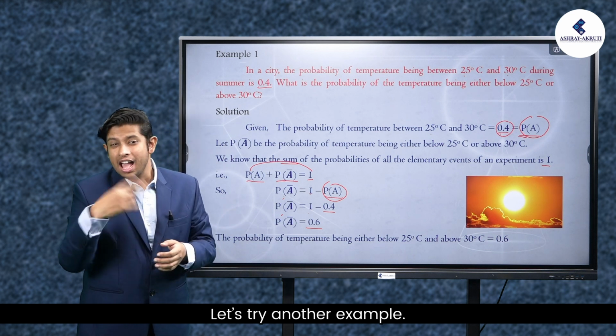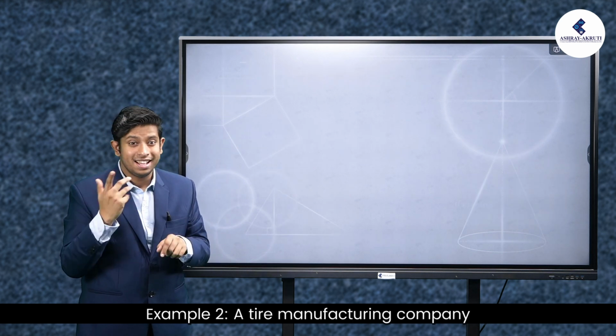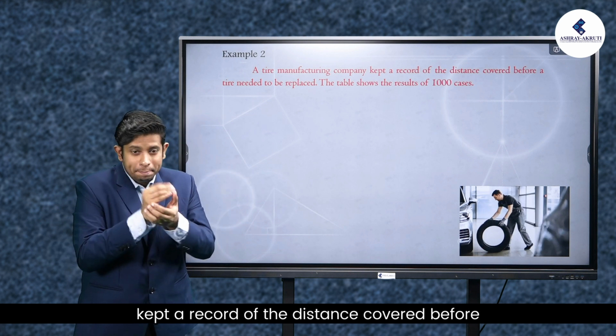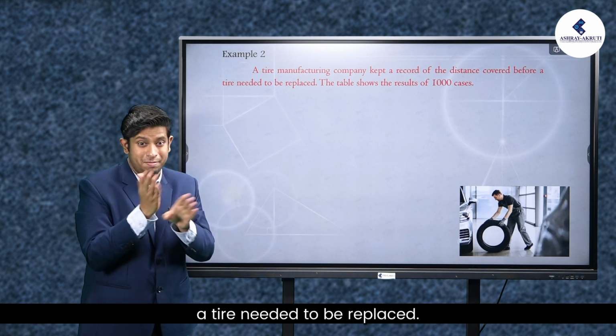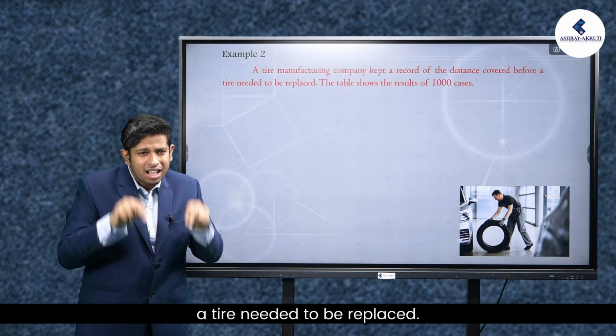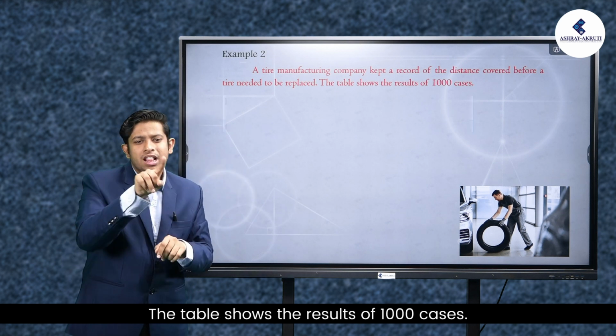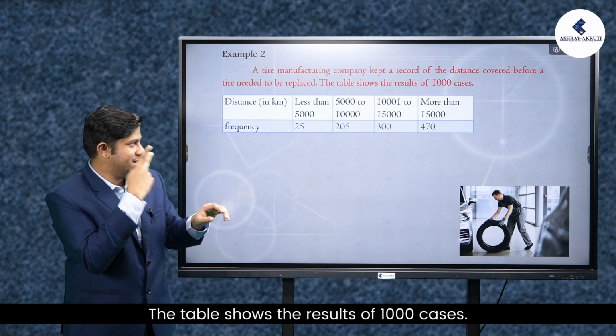Let's try another example. Example 2. A tire manufacturing company kept a record of the distance covered before a tire needed to be replaced. The table shows the result of 1000 cases.